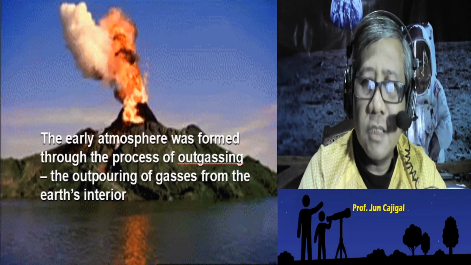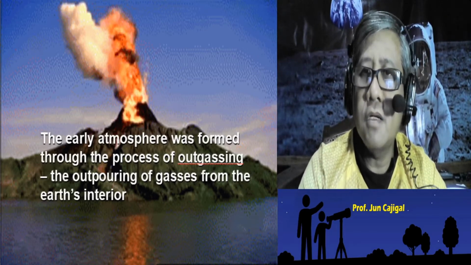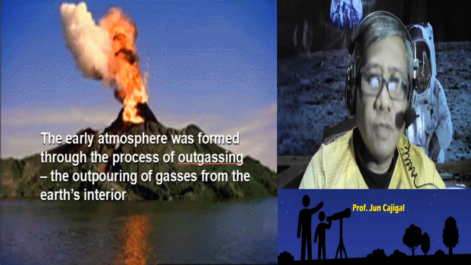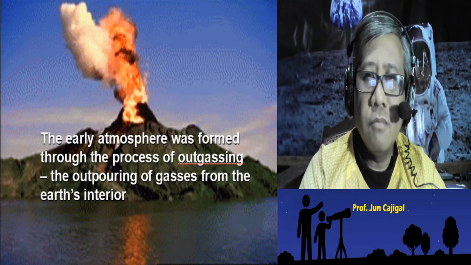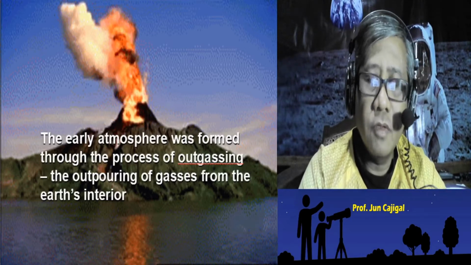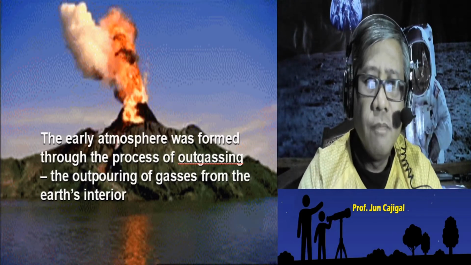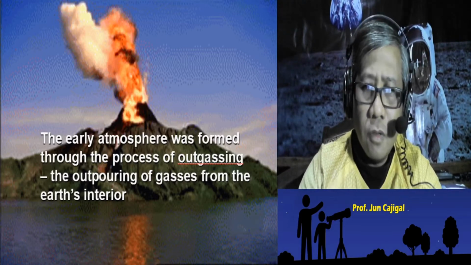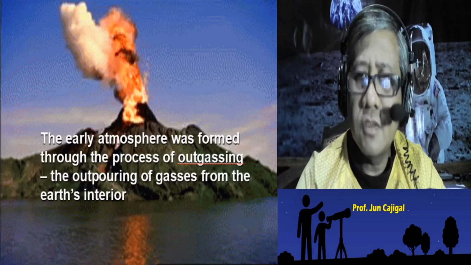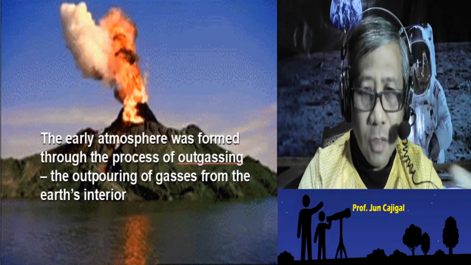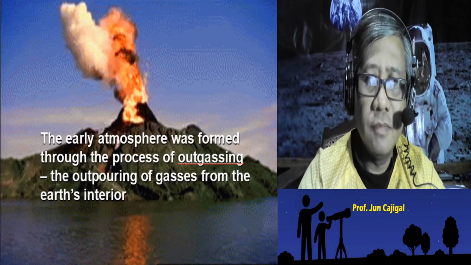And these gases from the Earth's interior basically formed our atmosphere. So the early atmosphere was formed through the process of outgassing ng volcanoes. They spewed out gases from the Earth's interior, and eventually it formed the Earth's atmosphere.